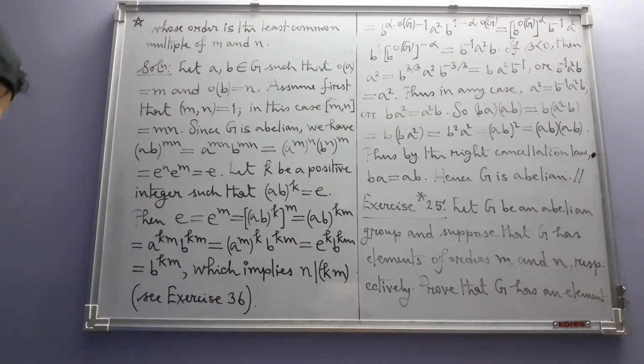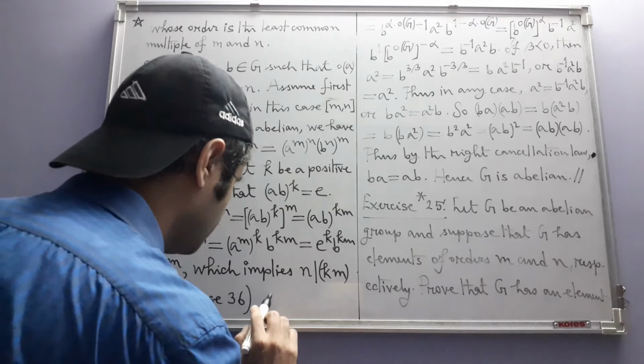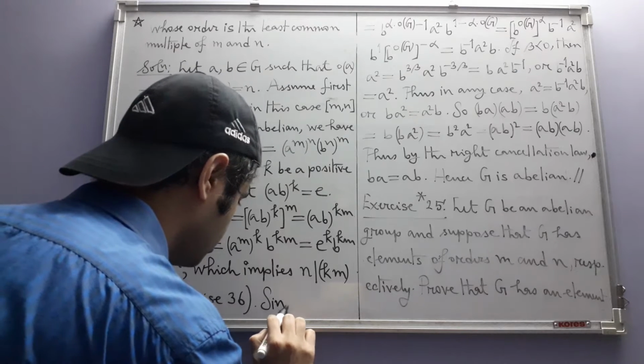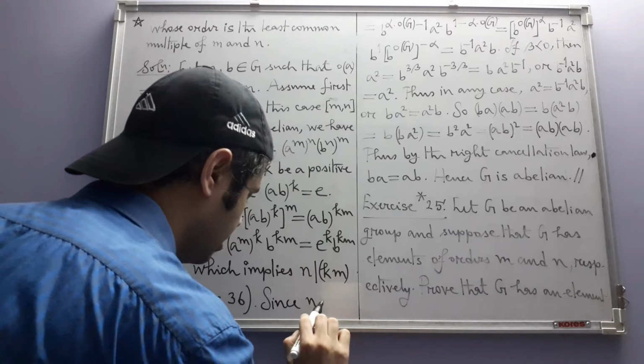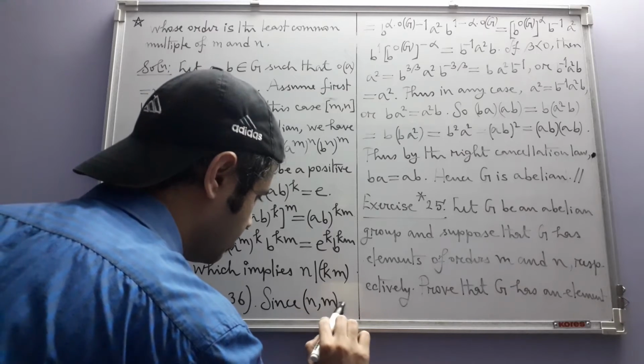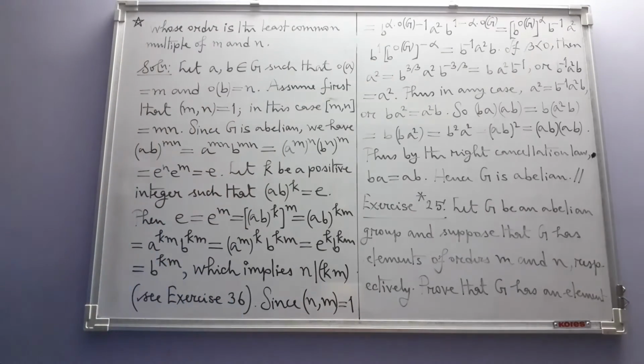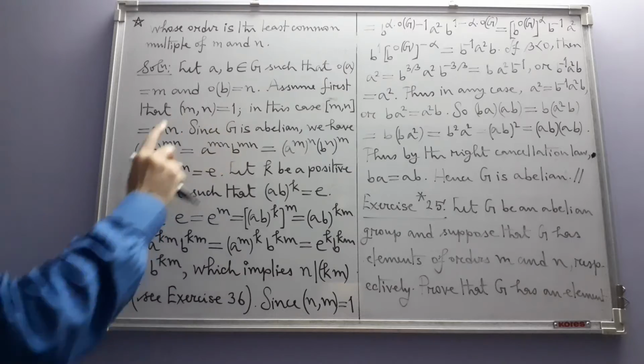Okay, so n divides Km, and what do we get from that? Since n and m are relatively prime, we have assumed this one, this is the special case.